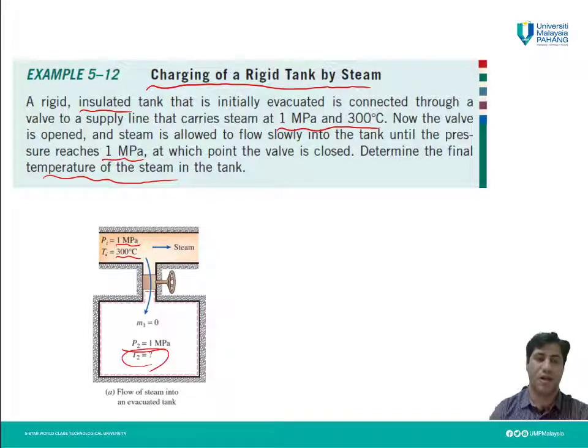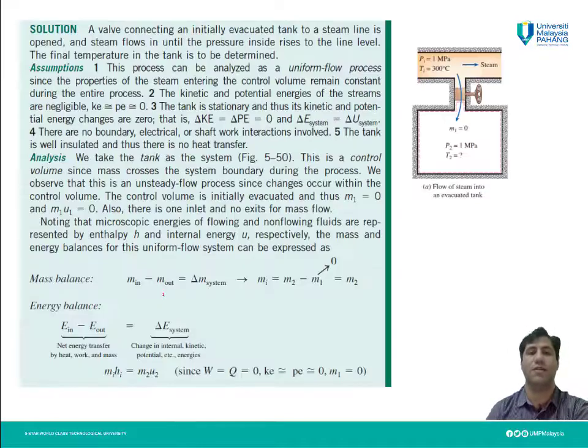Because, as we can guess, initially the mass flow rate to the rigid tank is higher, and when we have more mass of steam inside the tank, the mass flow rate will reduce. And also, nothing is mentioned about the flow.